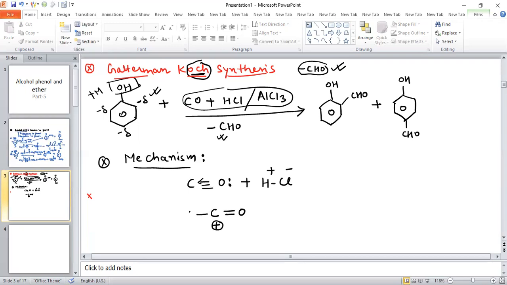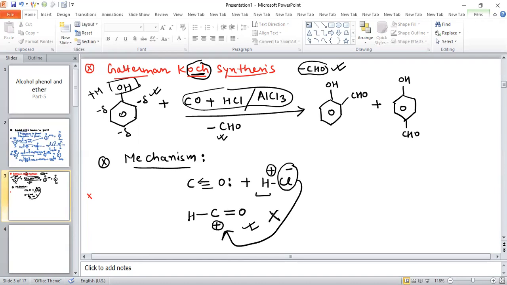On this carbon one hydrogen is attached from HCl. So from HCl this H plus will attack on the carbon, so the CHO group is introduced, and this Cl minus can attack on this carbon.